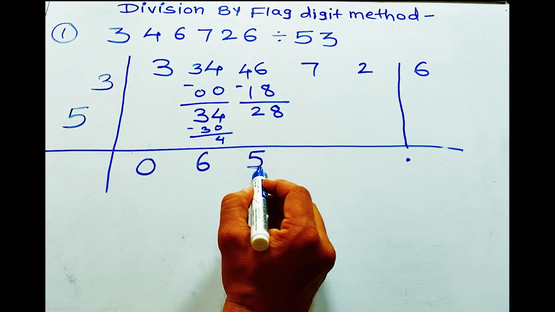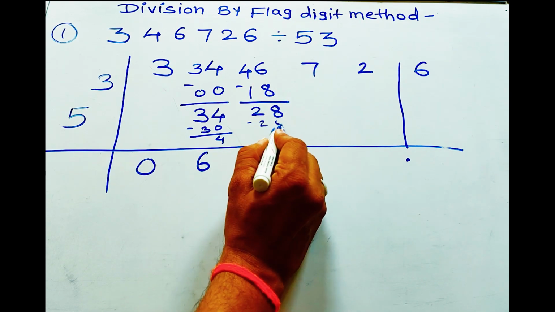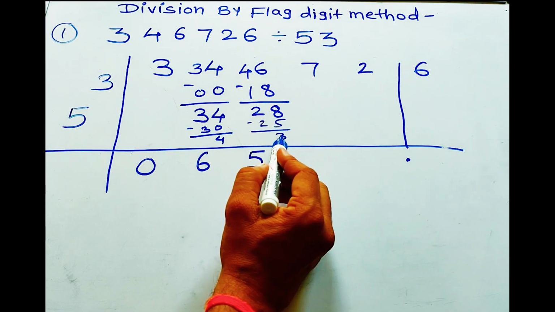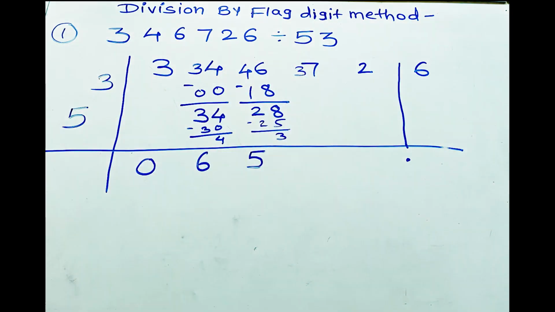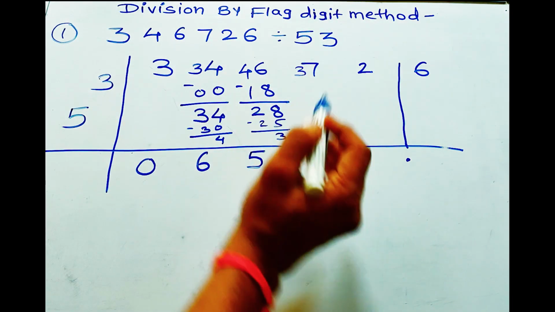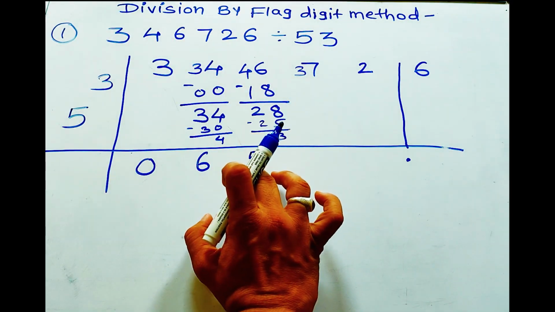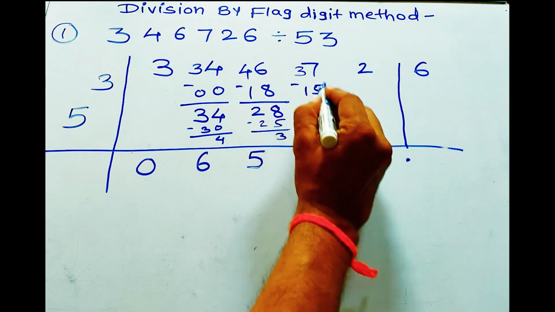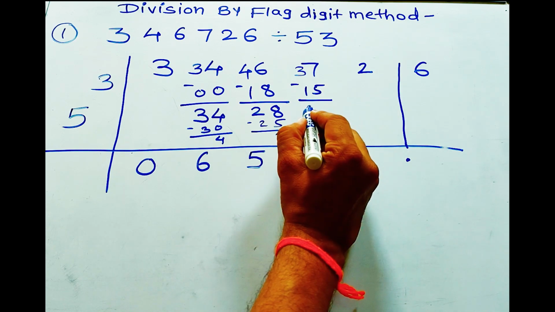So we write 5 here. 28 minus 25 becomes 3. This 3 we write here, so it becomes 37. Then multiply 5 with 3. The product of 5 and 3 is 15. Write it below 37. So 37 minus 15 is 22.